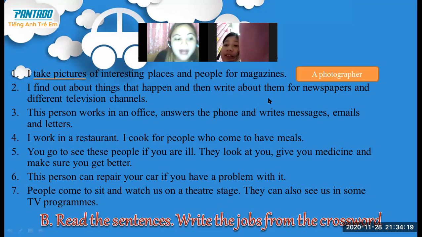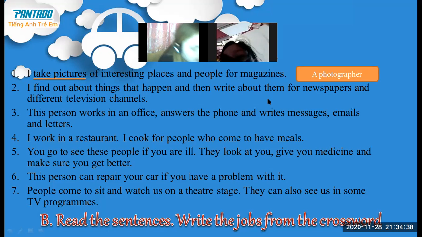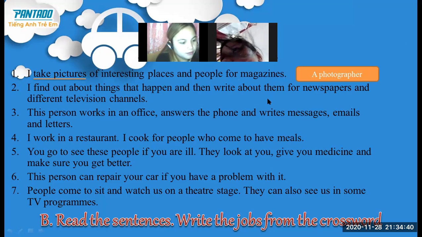Number 2, I find out about things that happen and then write about them for newspapers and different television channels. So what's the job? What is the job of that person?